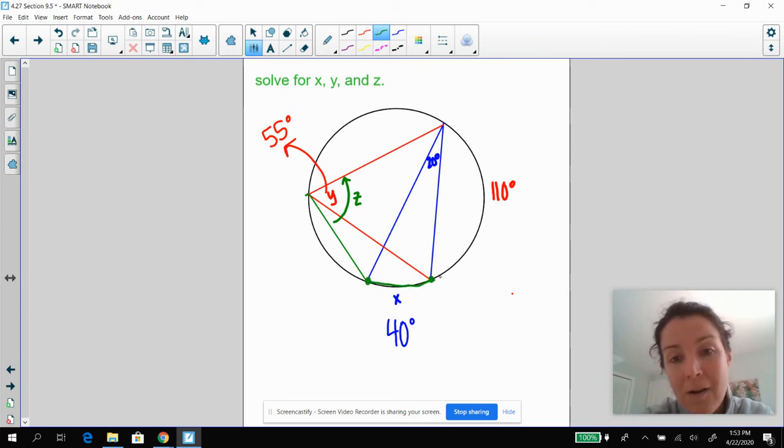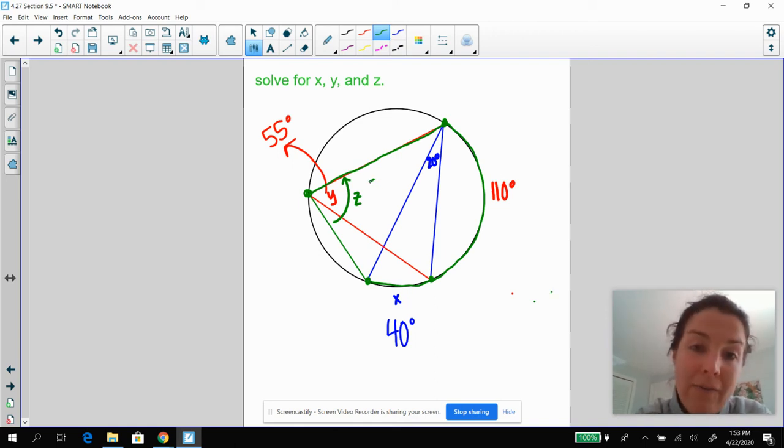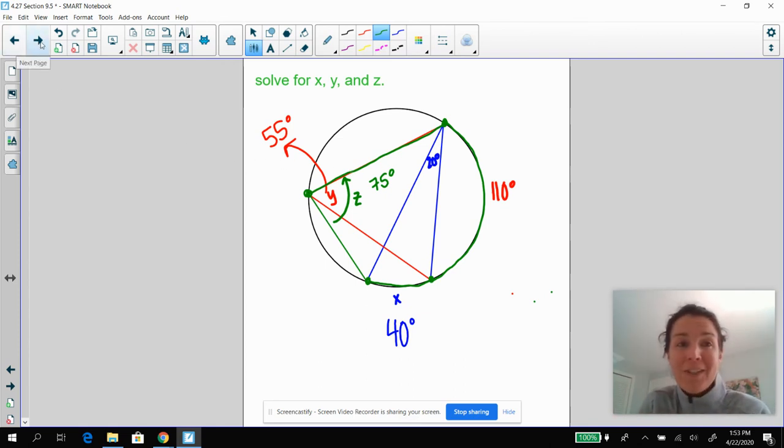Z is going to be this arc plus this arc. It's that inscribed angle because here's the vertex of z. So 110 plus 40 is 150, and then half of 150 is 75. Awesome. So if you break it down and go in these smaller chunks, these problems aren't that bad. But what if it looked like this?